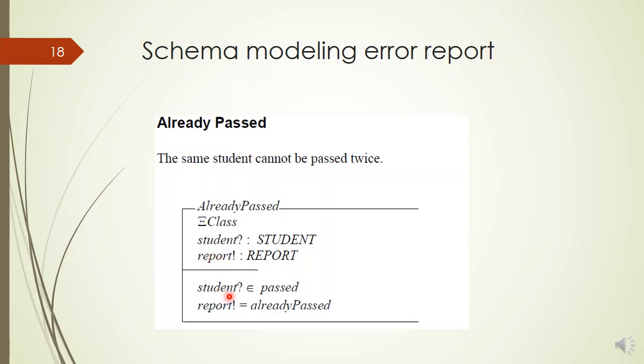So this is the precondition that the student already belongs to the passed set, and in this case the response would be already passed. So the system will respond in that manner, and a value of the free type variable already passed will be declared.